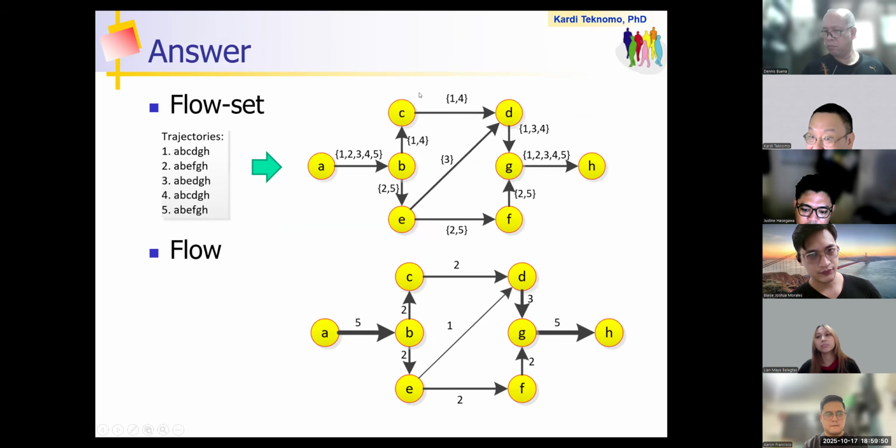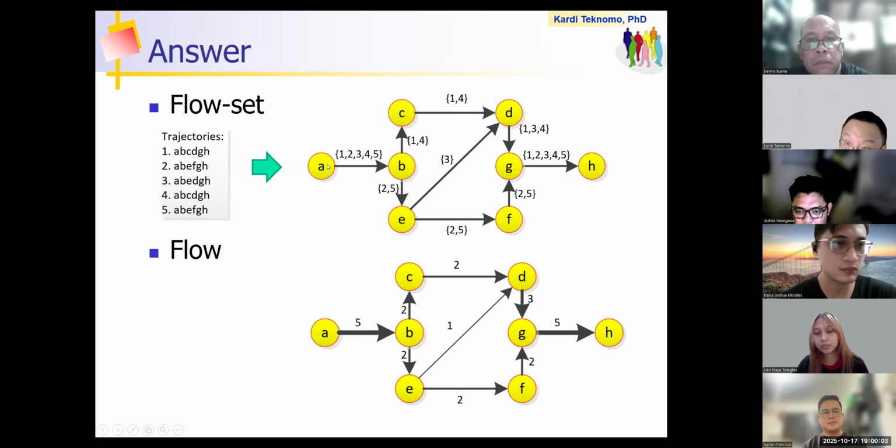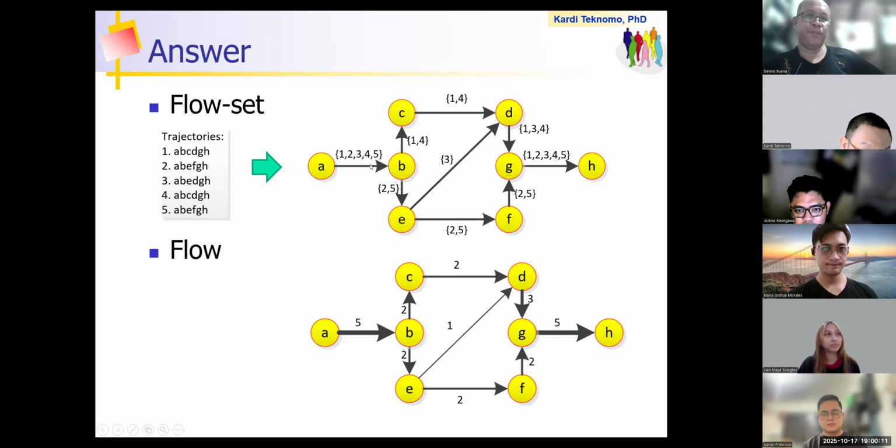So this is the example of the answer. I have here A, B, C, D, G, H. So number 1, can you see this? A to B, every time I put number 1 here. This is the flow set.